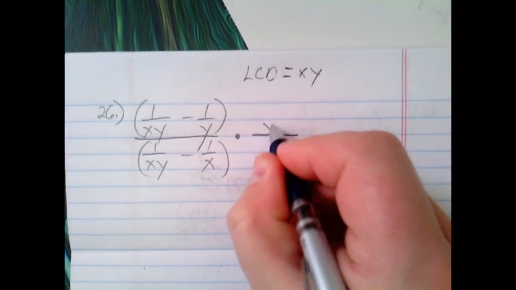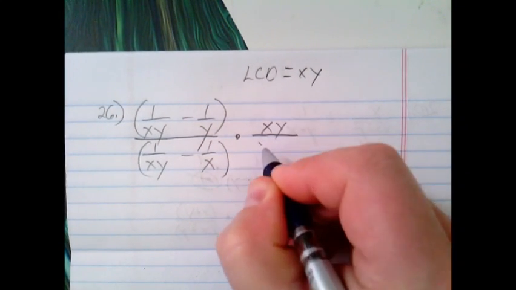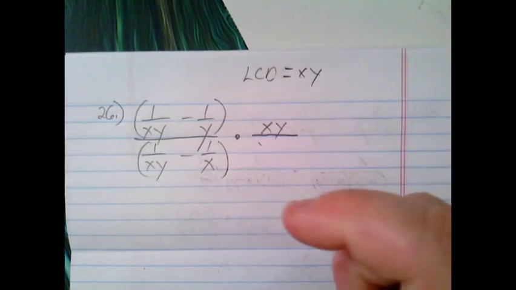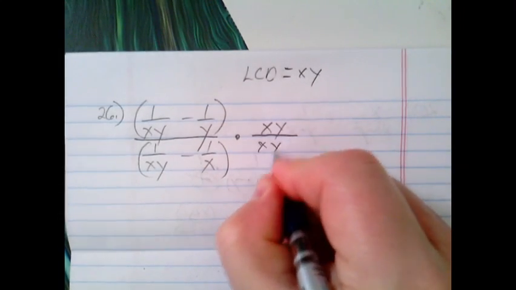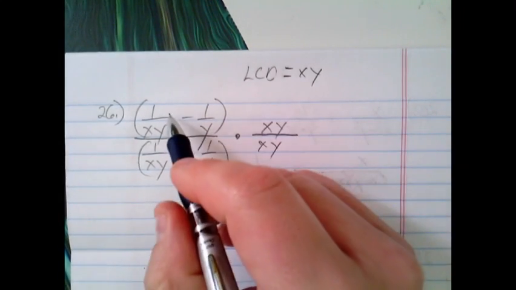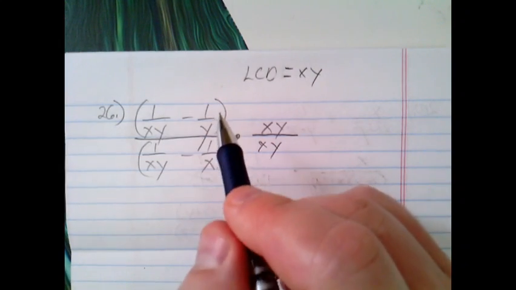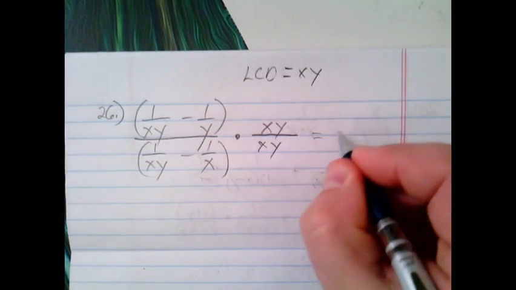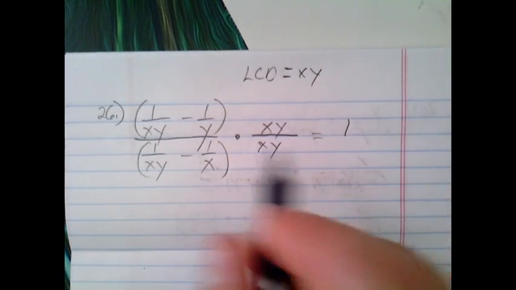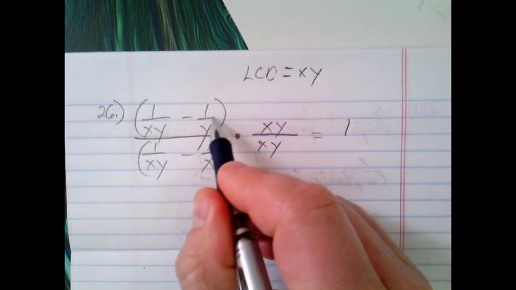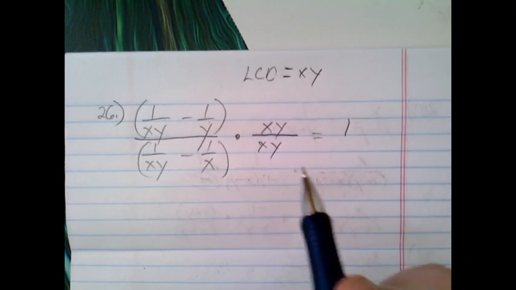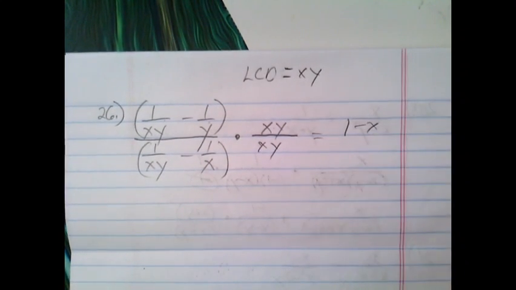So I'm going to multiply top and bottom of my larger fraction by xy. Now when this xy distributes over to this fraction, everything cancels and I'm just left with a 1. But when it distributes to this fraction, the y's cancel and I'm left with an x.